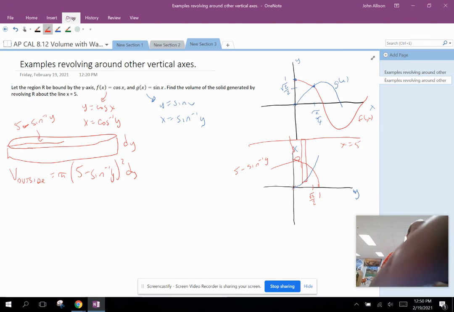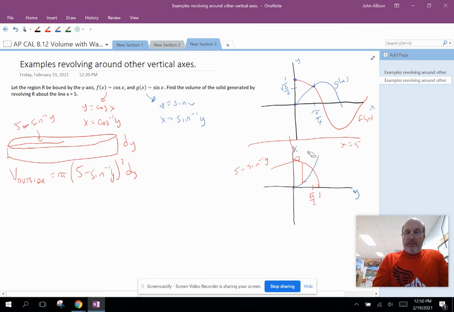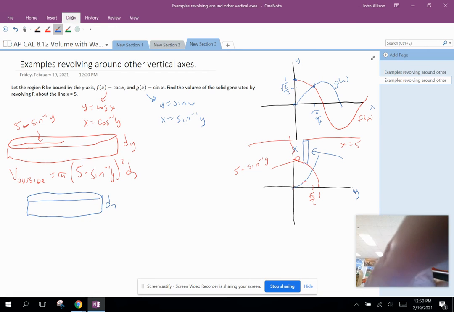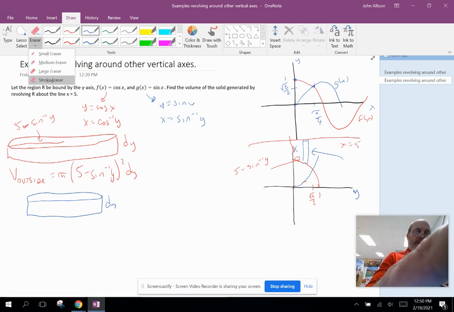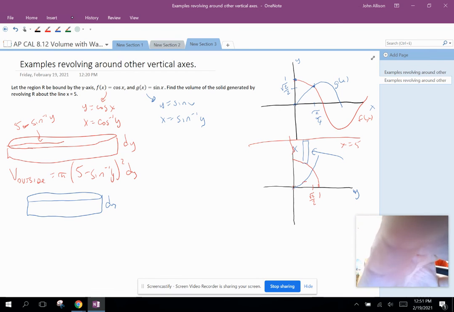Then I'm going to generate the inside disk, which is still dy. This time, the height of the inside disk, I should have erased that sine inverse there. 5 minus sine inverse no longer applies.